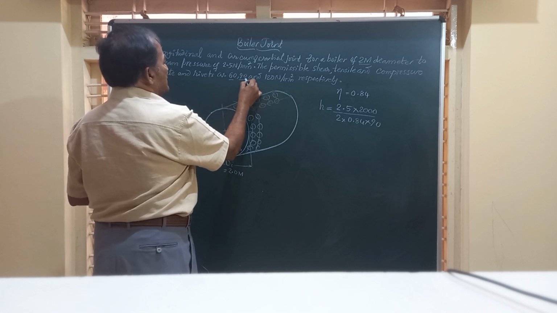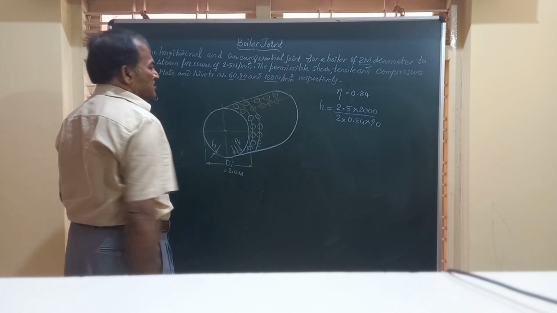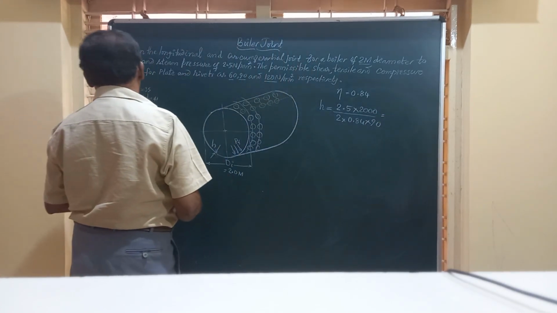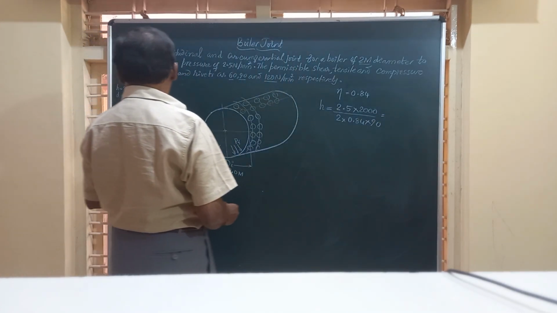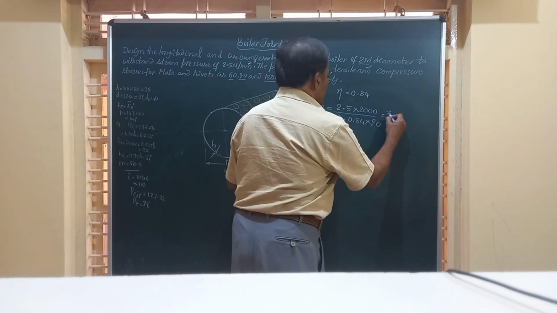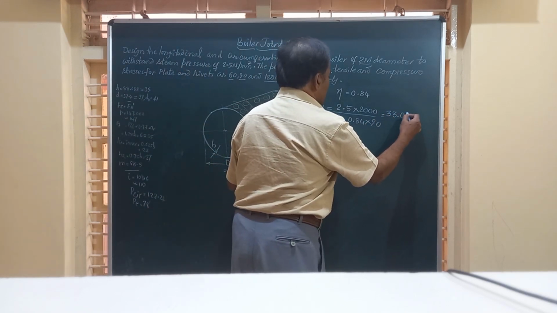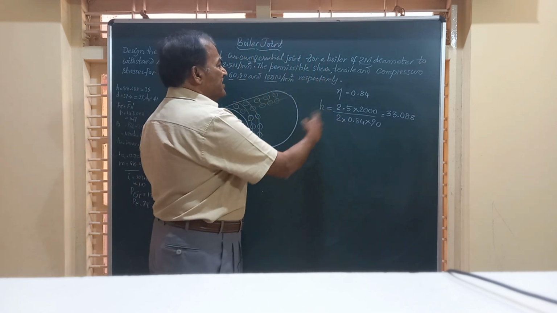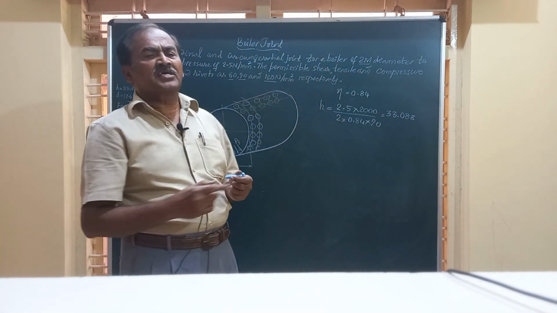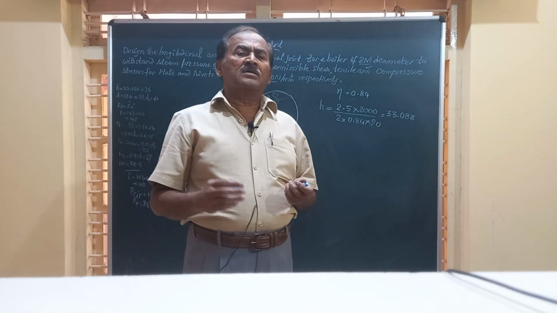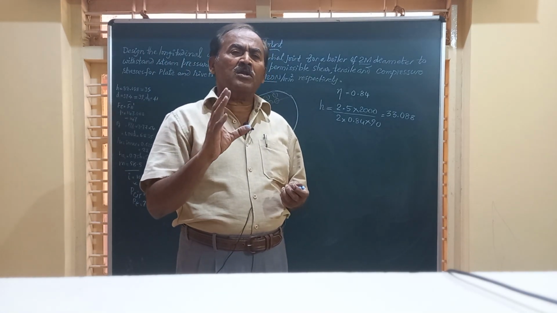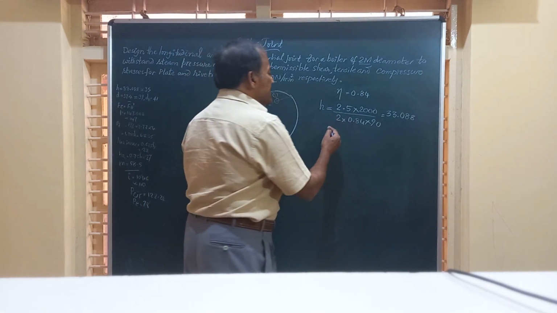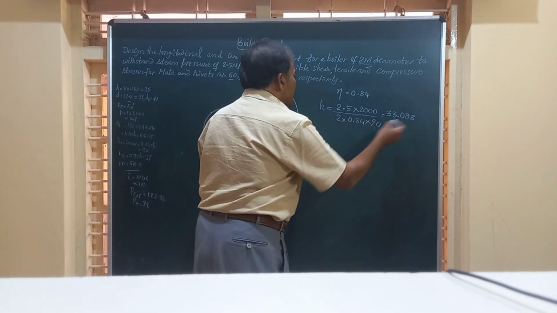Shear stress, tensile stress, compressive stress. So friends, if you simplify this, you get this value of H as 33.088. And friends, after getting this value of H, generally we make a small allowance for corrosion. So we generally take this as 35, a slightly higher value.